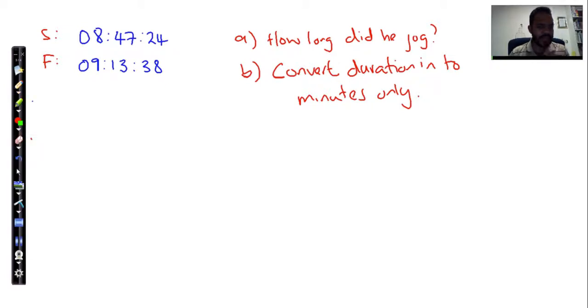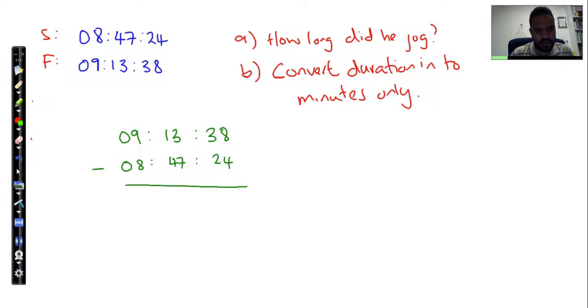Okay, let's see, what will this look like? Well, what we need to do is take the finish time minus the start time. So if I take the finish time, that's going to be 09, right, because it's at a later time, 13, okay, 38, and I'm going to minus 08, right, 47, and 24.